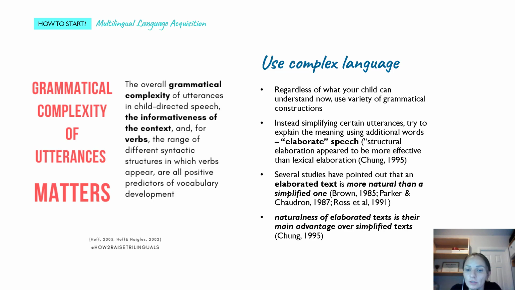That naturalness of elaborated text is its main advantage over simplification. The feeling that it's natural is always more attractive than the feeling that it doesn't sound native-like. So this is a learning curve for you, because we may possess quite extensive vocabularies, but we may not have that extensive grammar behind it if we are not native speakers. So be aware of that.